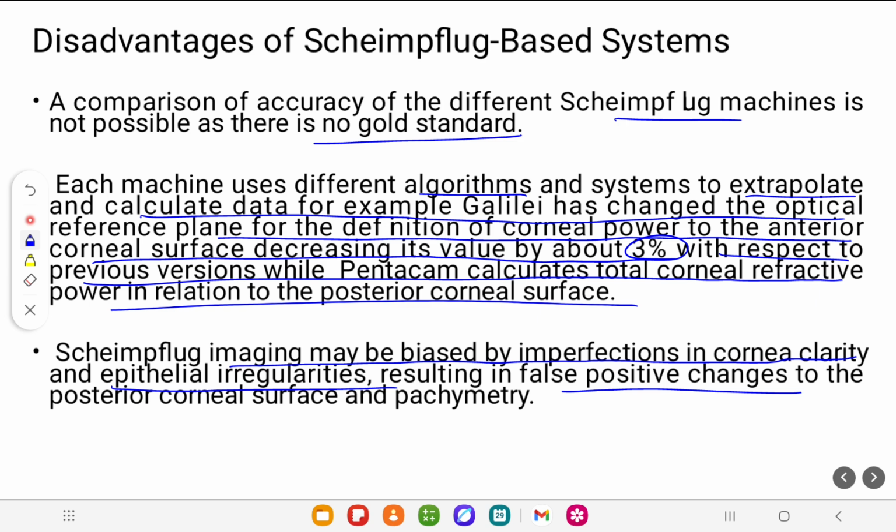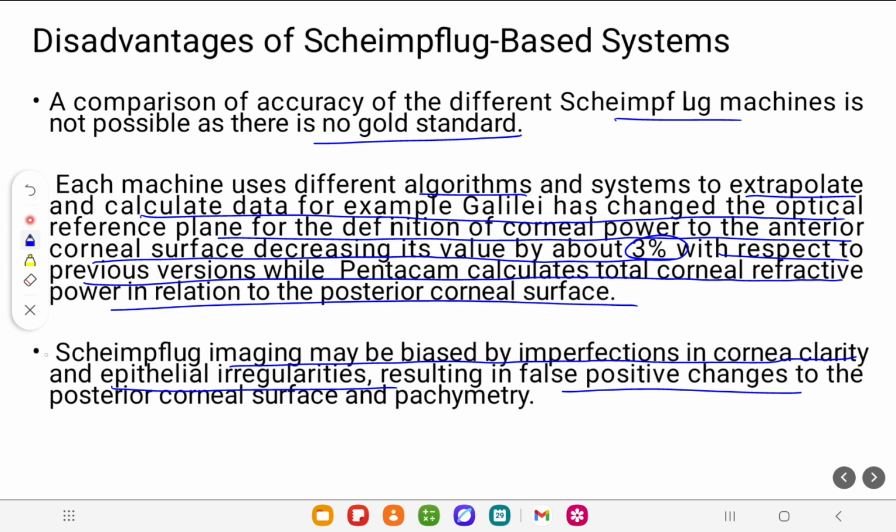So basically, if the cornea is irregular, or there is a scar, or there is epithelial irregularity, then yes, the Scheimpflug camera doesn't work well. You have to understand this concept before doing the scan. Sometimes there is a scar and it looks like keratoconus because of that scar. It's always there. So that's why you have to examine the patient's cornea on slit lamp.